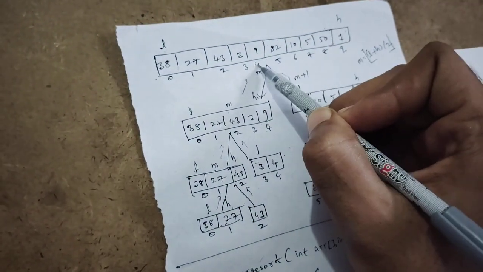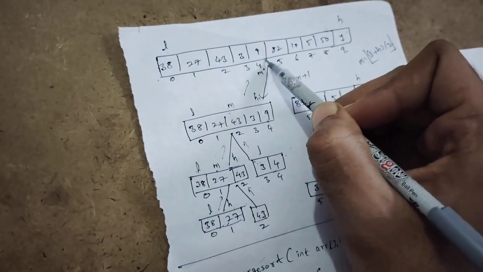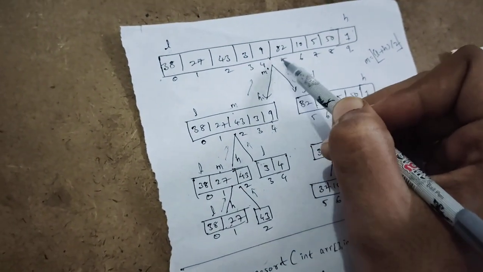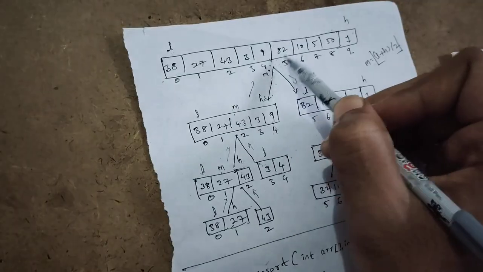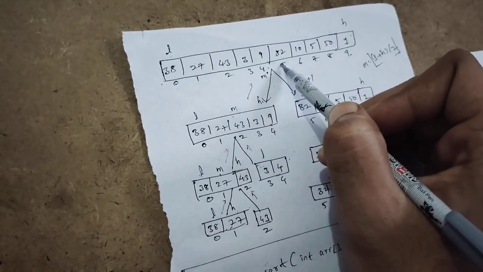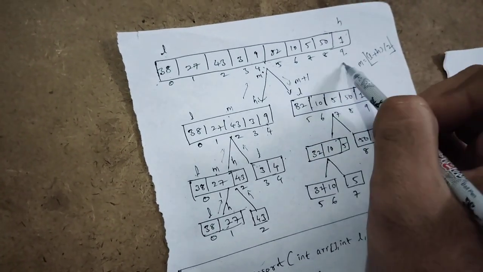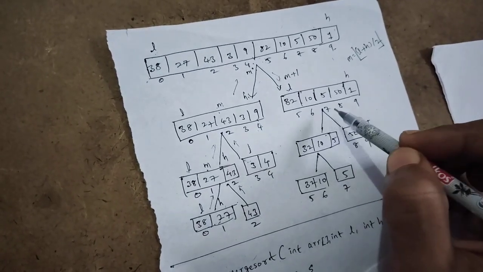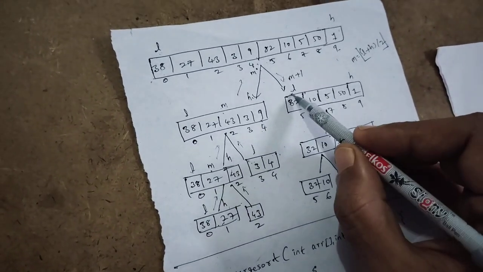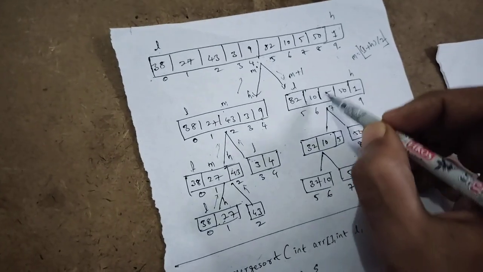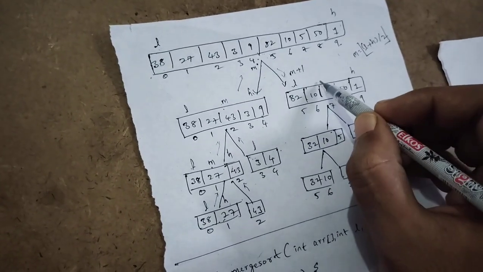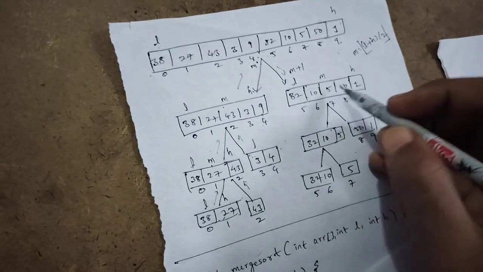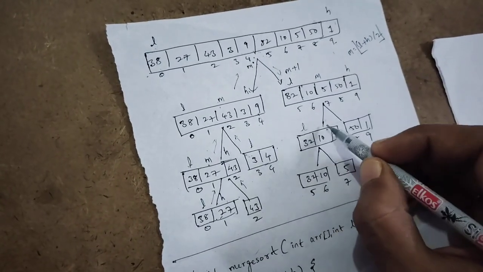When we want the right part, we don't want those elements up to the mid. So plus 1, so 4 plus 1 is 5. It starts from index 5 to 9. So here you can see 5 6 7 8 9, L to H. Then find out the mid again, which is 7, and it divides into two parts.